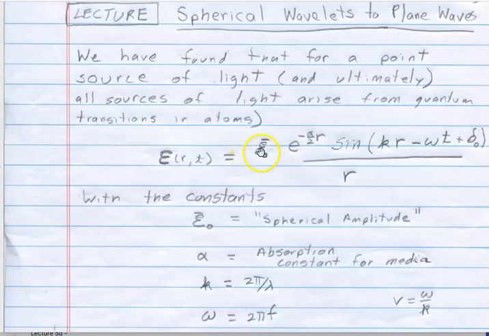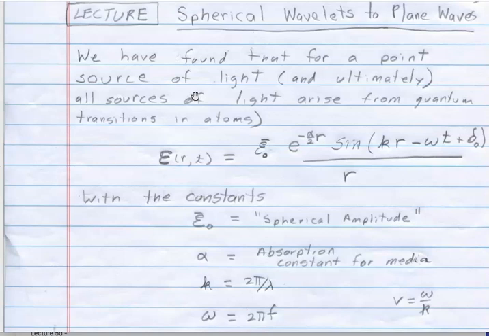But our interest is light, and light, as we'll see, is a wave phenomenon, or at least can be viewed as a wave phenomenon in certain situations, and ultimately, all sources of light arise from essentially point light sources.